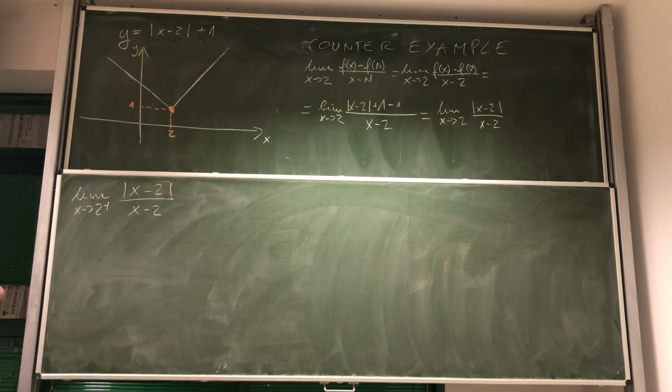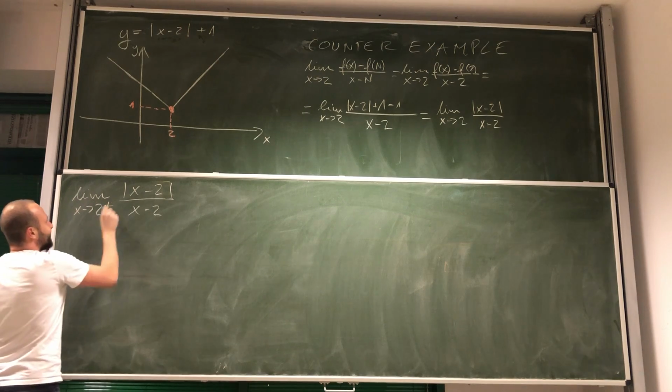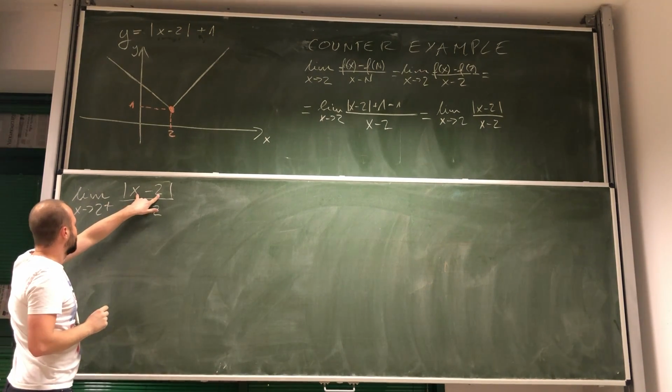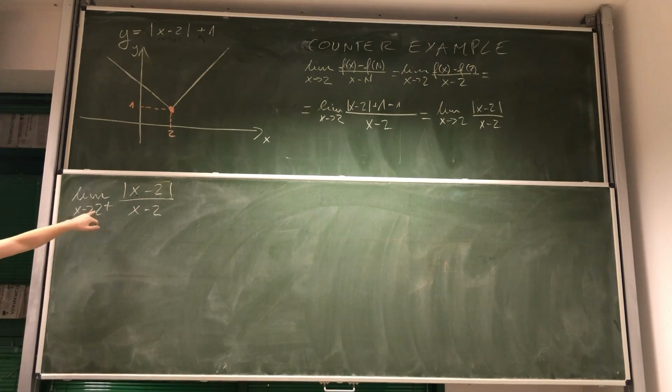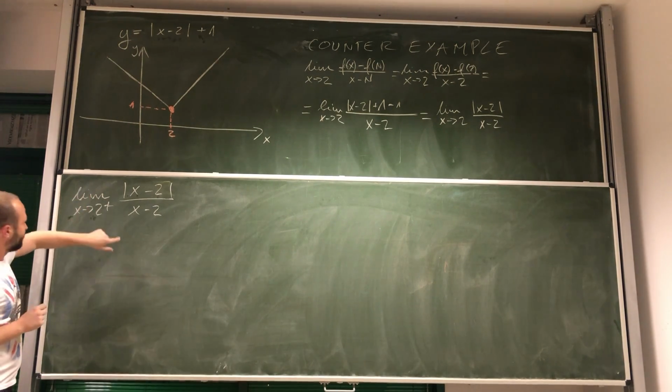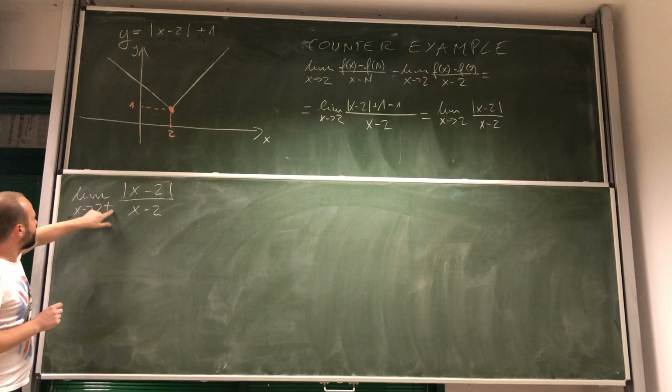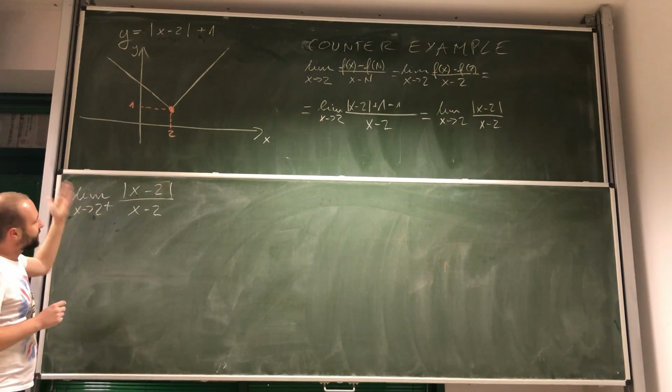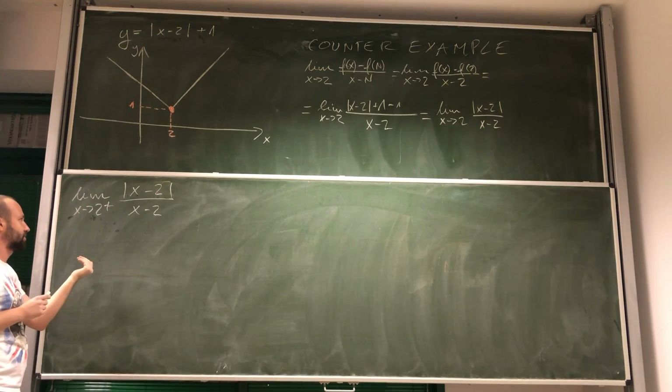Okay, now let's figure out what is happening over here. Look, x is approaching 2, but this expression that we've got over here is showing us that we are approaching 2 from the right side, which means from values higher than 2.